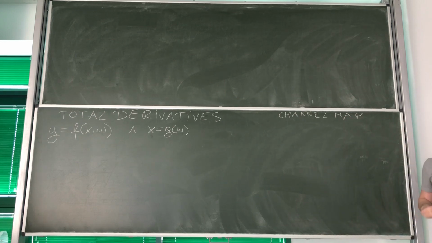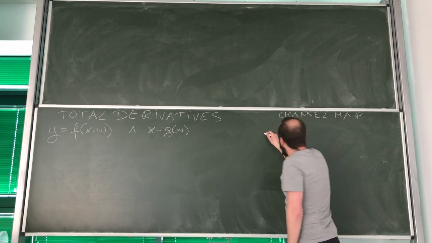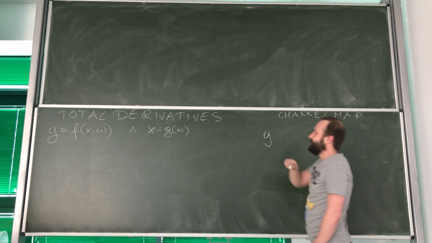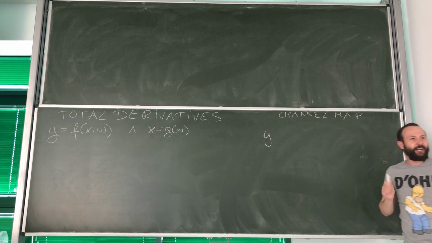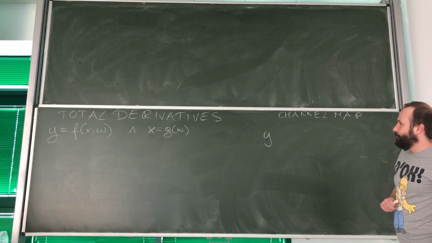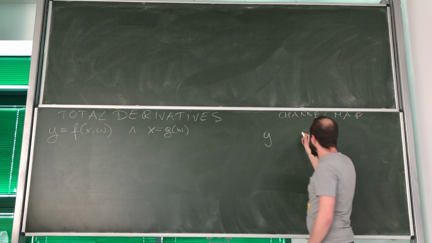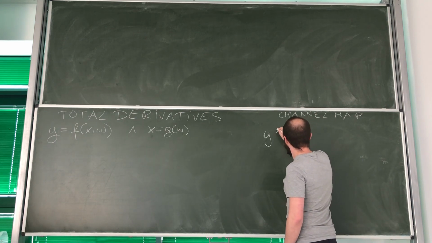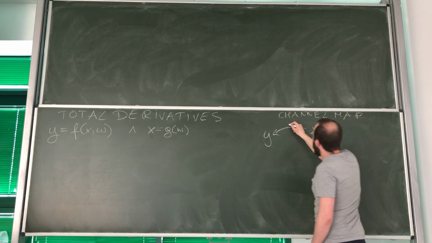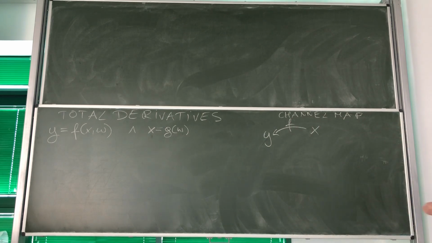Okay, and what is our channel map? It will show us how x and w are influencing y. Because look, what do we know? We know that x is influencing y through function f.